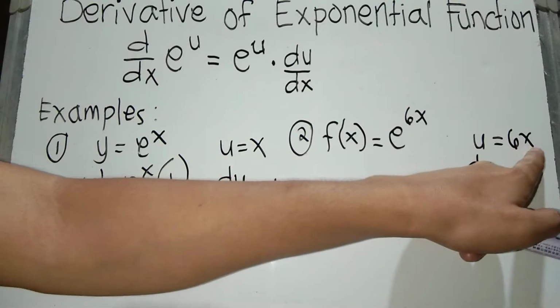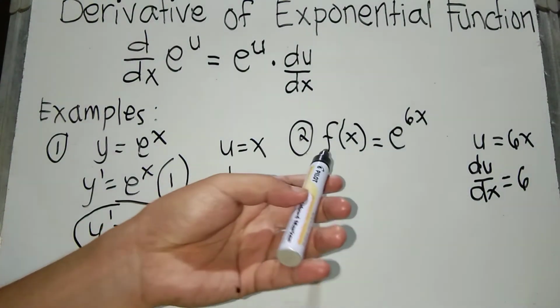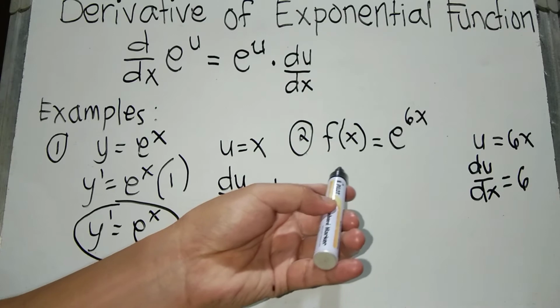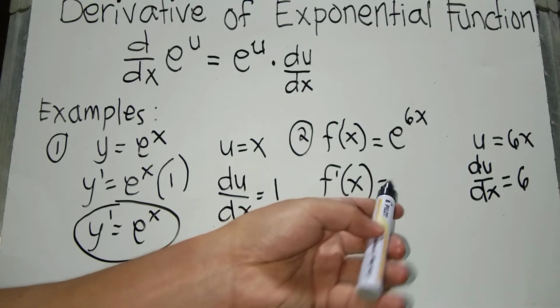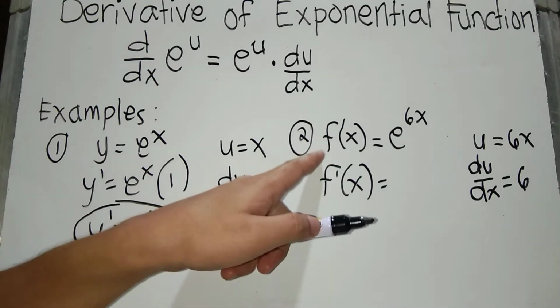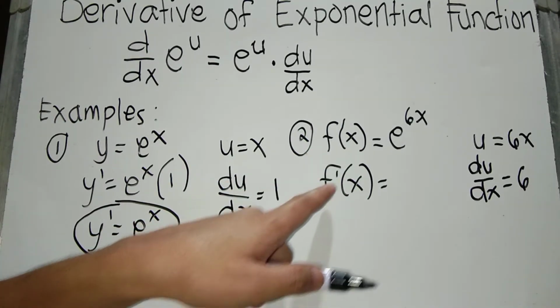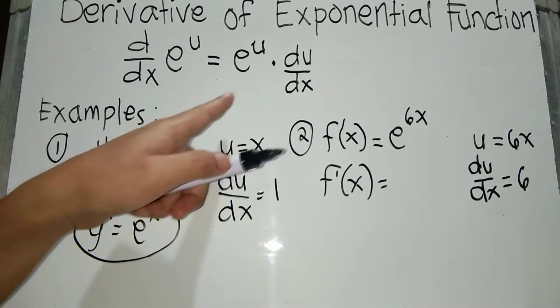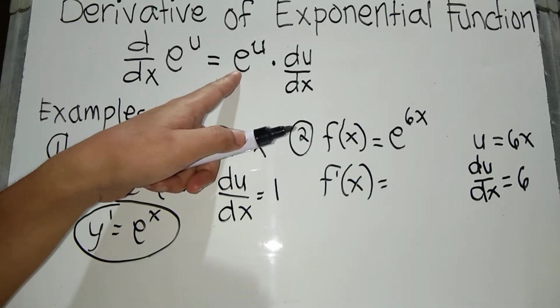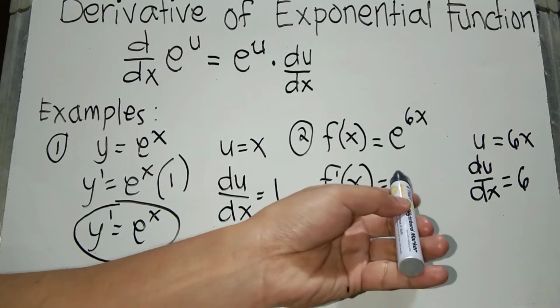This is constant times a function. Now in finding the derivative of f of x, this is now f prime of x. The notation for the derivative of your f of x is f prime of x. So according to our formula, just copy the exponential function e to the 6x.